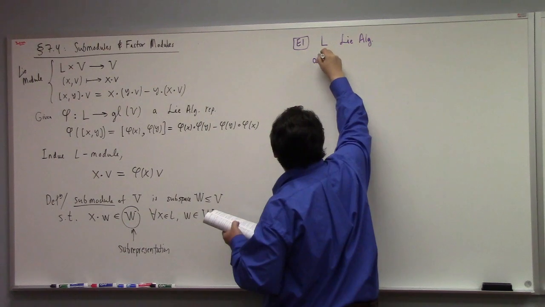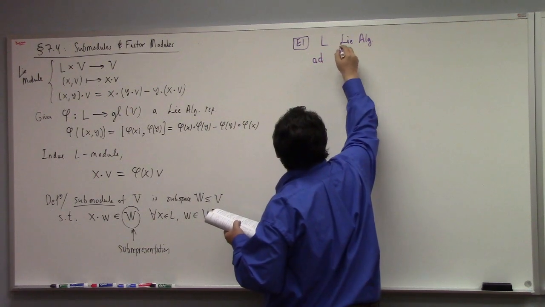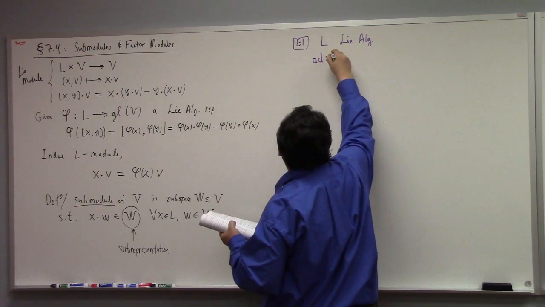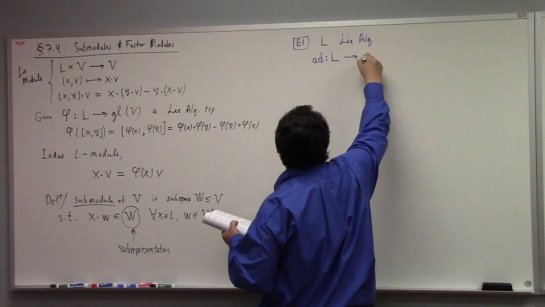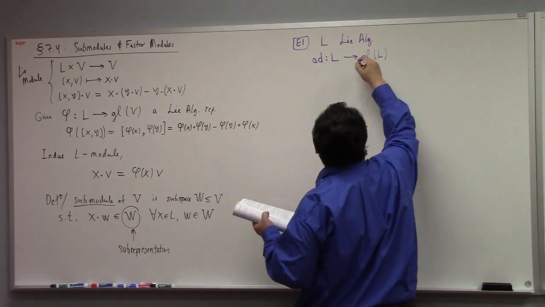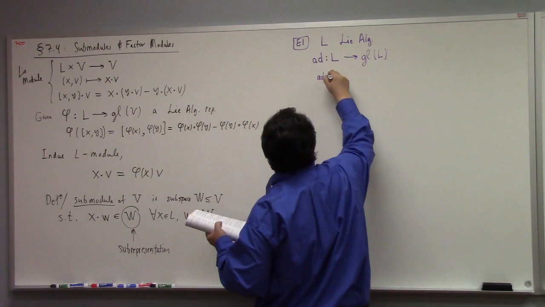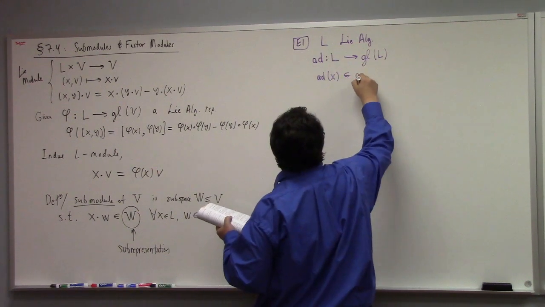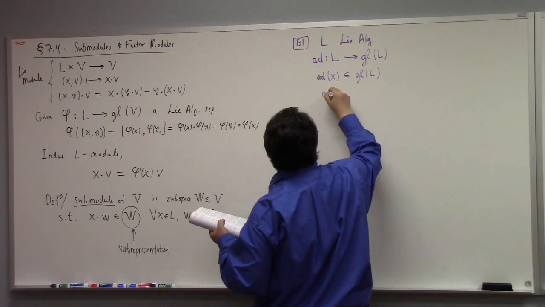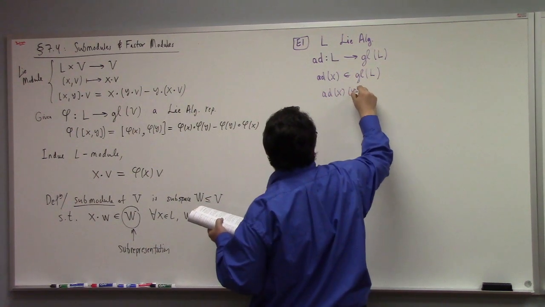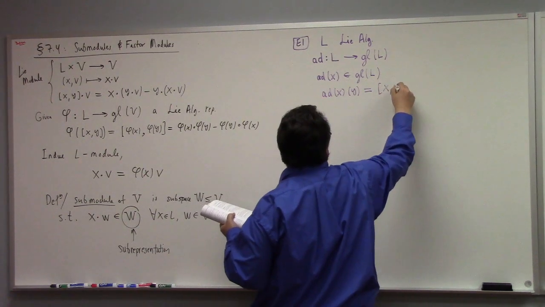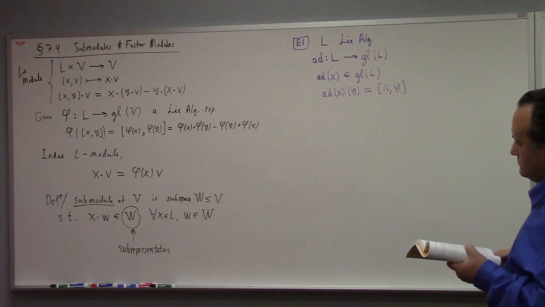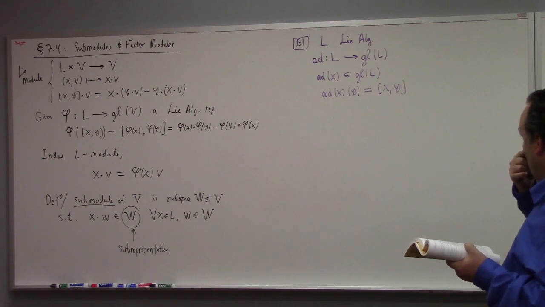So how does that work? ad goes from L to GL(L) according to the rule what? The adjoint of x is an element of GL(L). How is it defined? Well, the adjoint of x acting on y is precisely the bracket of x and y, right? So that gives you a Lie algebra representation, right?